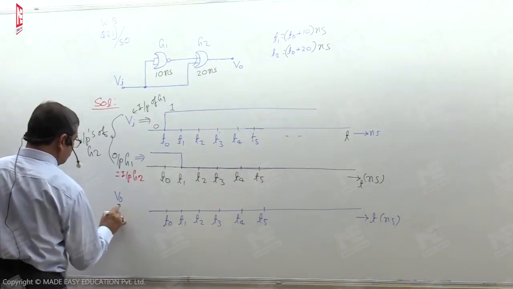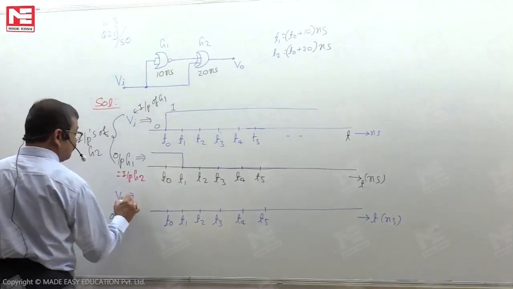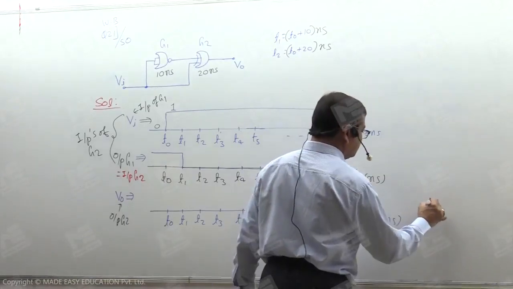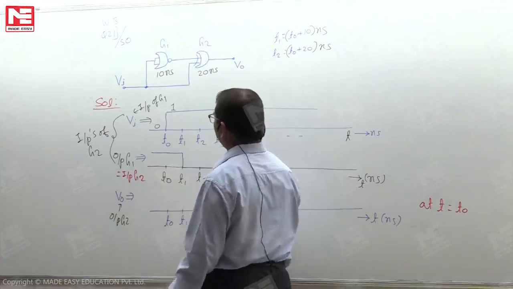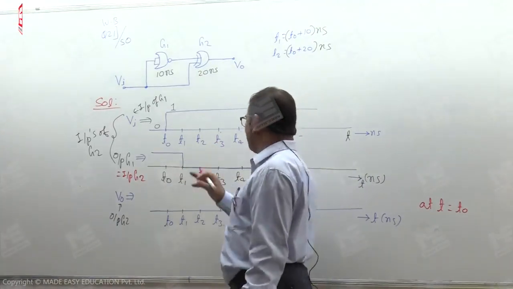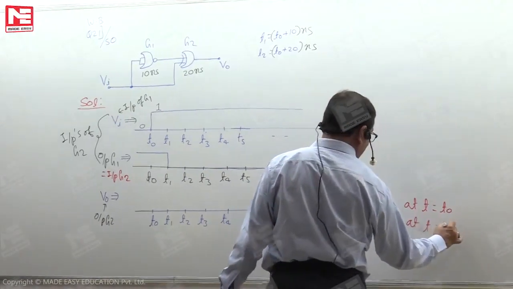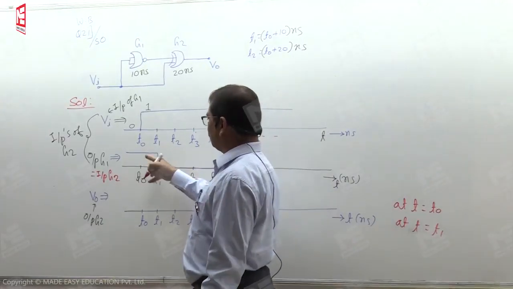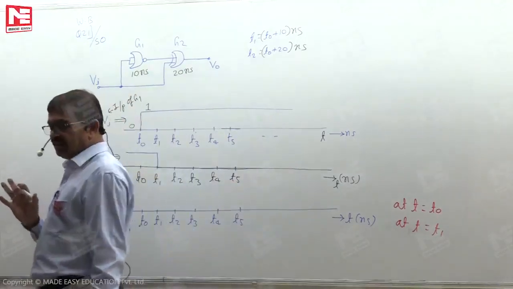So to draw the waveform of V0, one attention point is at T equal to T0 because the input is changing 0 to 1. The other attention point is at T equal to T1, where one of the inputs is changing 1 to 0. At these two points, you need to give attention.